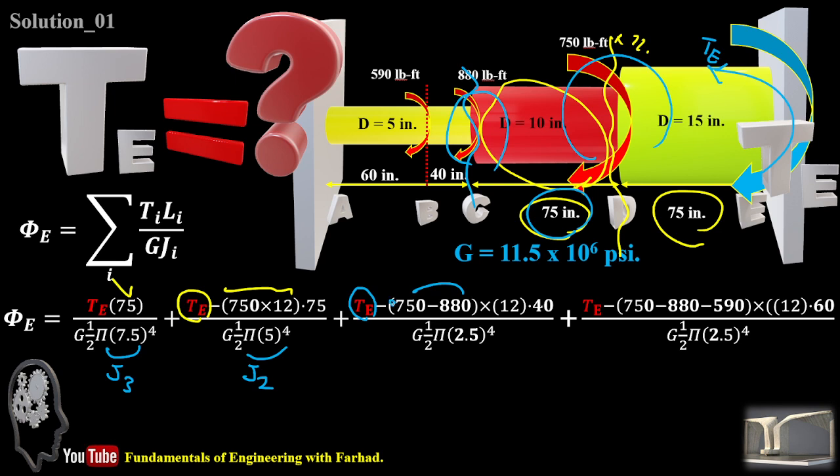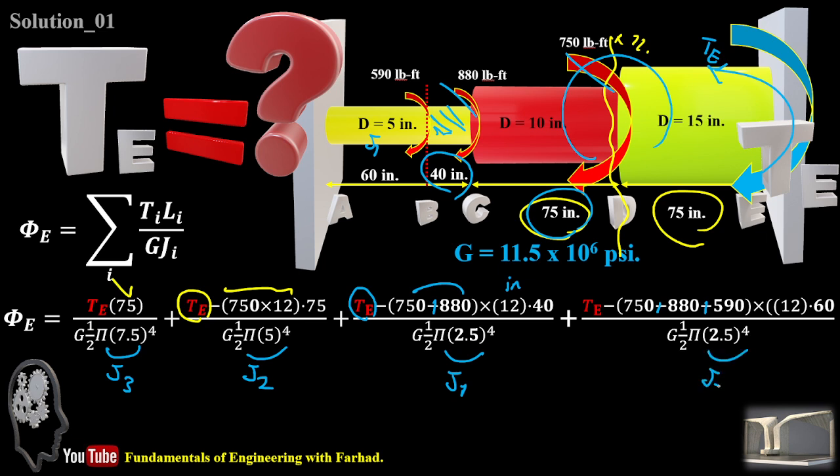So let's have it this way: TE minus 750 plus 880, converted to inches, times the length of that piece, which is 40 inches over here, over J1.